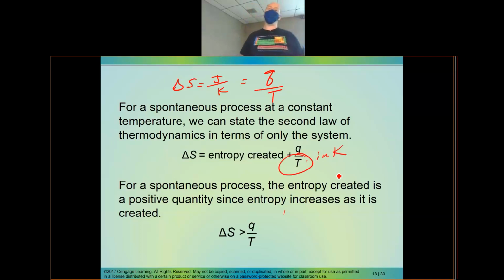You can have delta T, that can be in Celsius or Kelvin, because a 1 degree change in Celsius is the same as a 1 degree change in Kelvin. But if you just have T, it must be in Kelvin, because 0 degrees Celsius, the freezing point of water, we get all the time. If you try to put a 0 in a denominator, you're going to get an undefined answer. Anytime you have T by itself, you must put that in Kelvin.